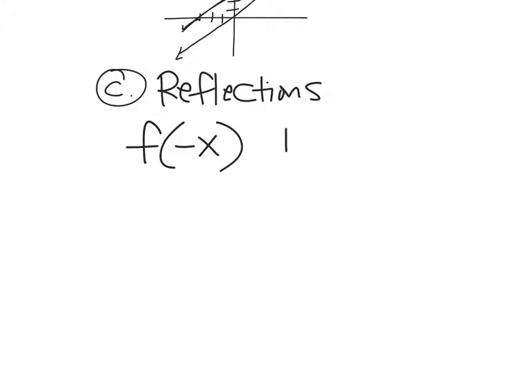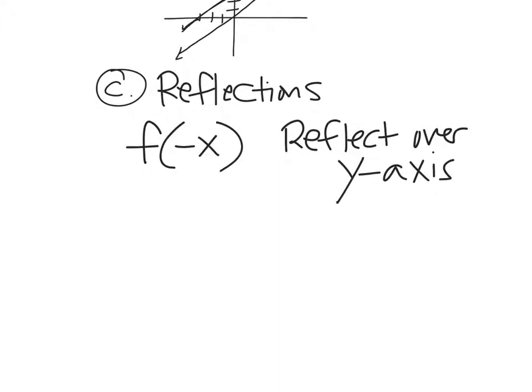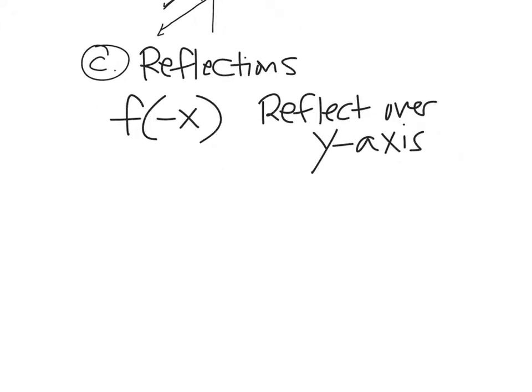This is going to be a reflection over the y-axis, okay? I'll show you a visual picture of that. So let's say I have a graph. There's the graph. It's not a function, it's a person or something. I don't know what that is. And let's say that I'm going to take all of its x values and I'm going to do the opposite to them.